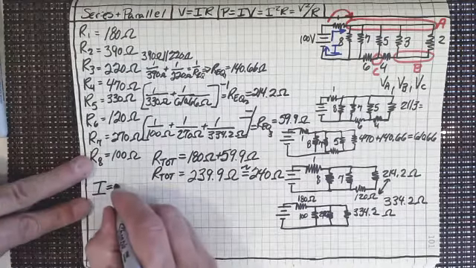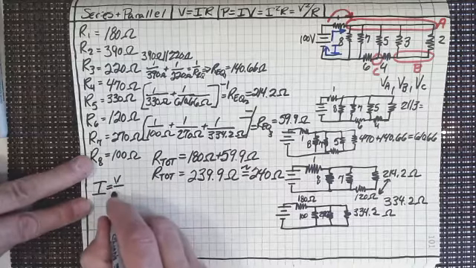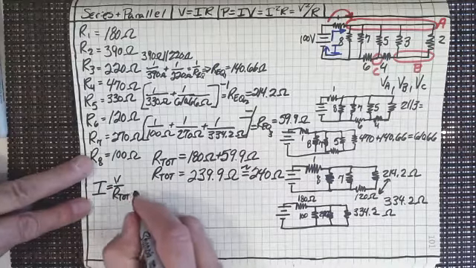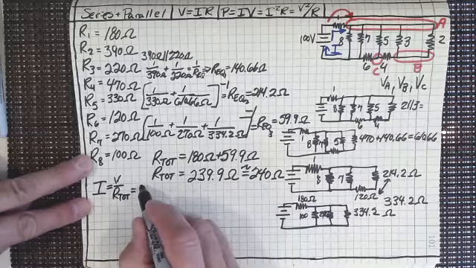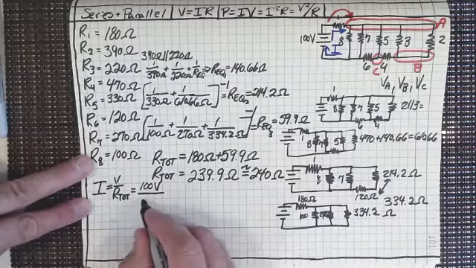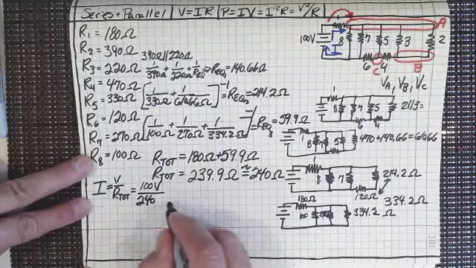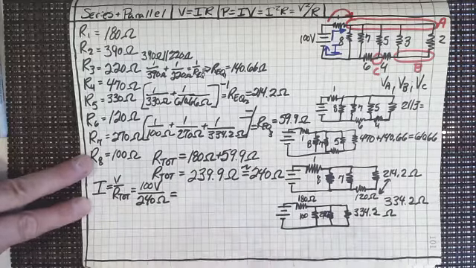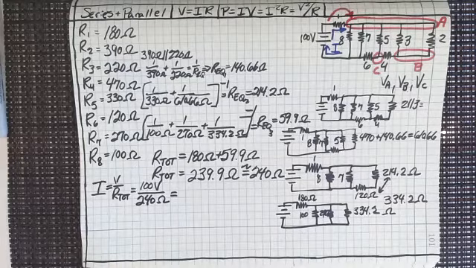So I is just going to be V over R total, right? And V is 100 volts. And R total, well, we figured that out. We're going to use 240 ohms, which is pretty darn close to 239.9.